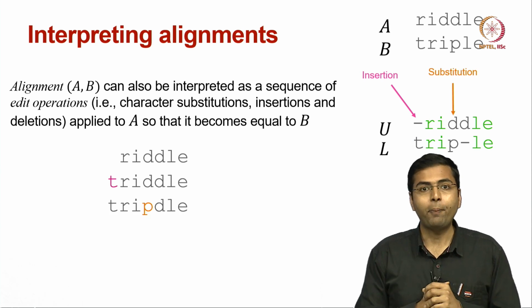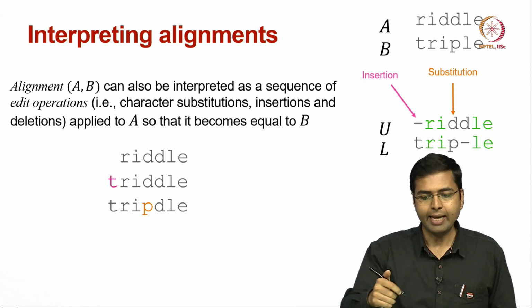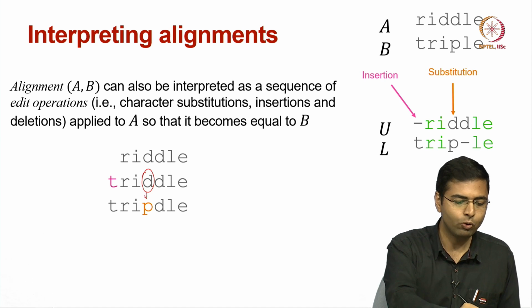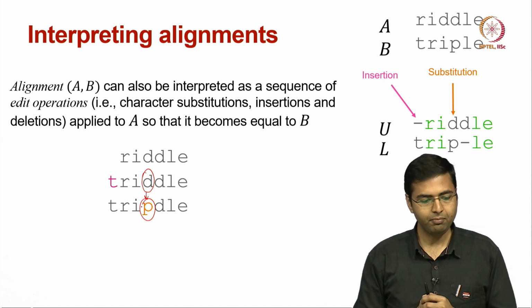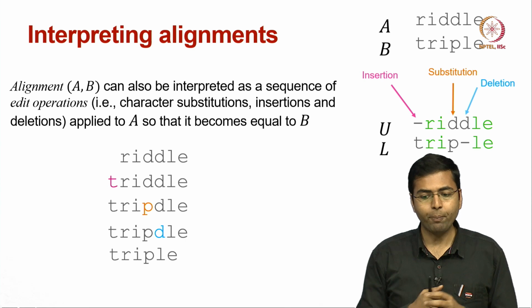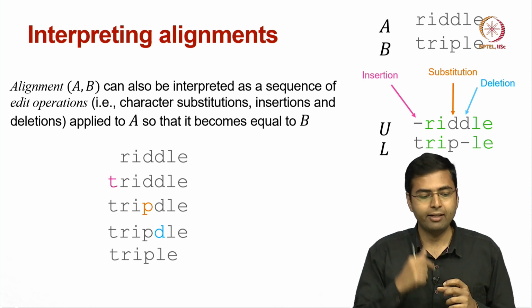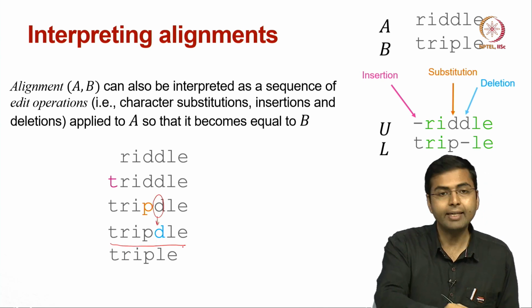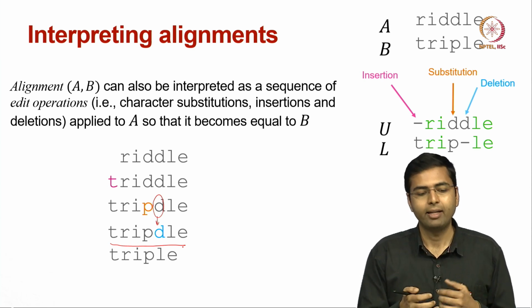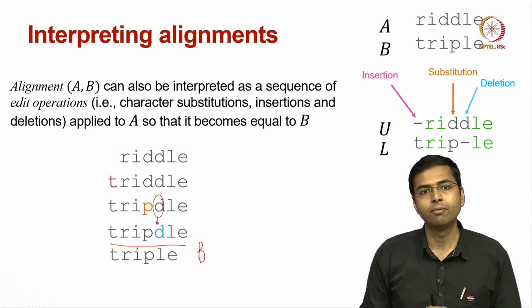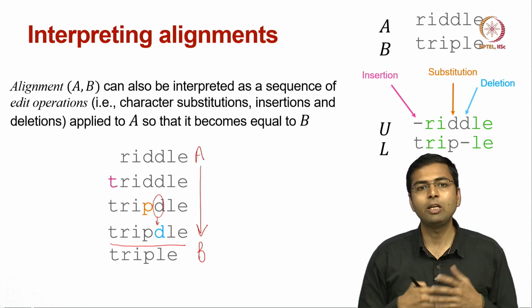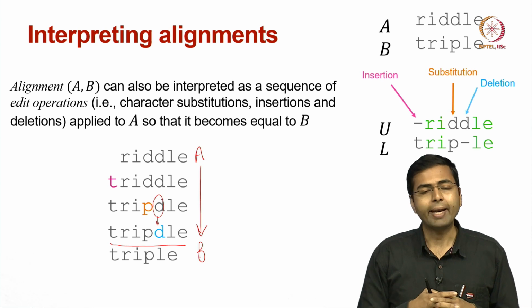Now, another edit operation that I am doing here is substitution, that is, there is a mismatch between D and P, so I am substituting D with P. And finally, the third operation is that I am deleting character D. If I see the D character here, I am going to delete it and remove it, and you can see that finally what I obtain is the string triple, that is my sequence B. So, this is how, using the edit operations, I am converting sequence A to sequence B. I can also do this vice versa.